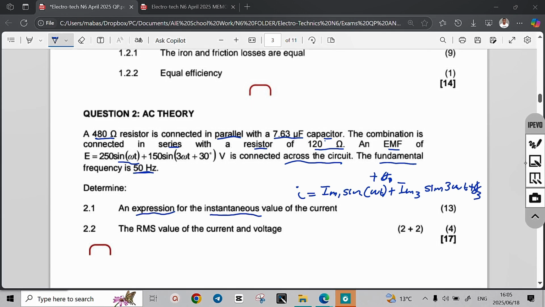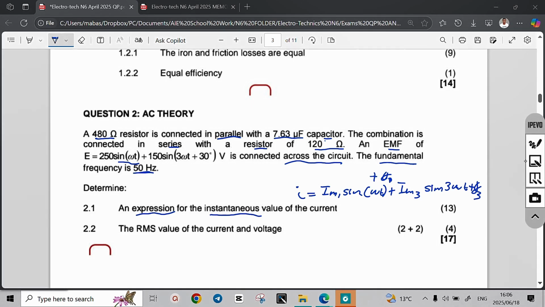So always when you are dealing with this question, the first thing is to sketch what you are given. So they are saying a 480 ohms resistor is connected in parallel with the capacitor. Here's my resistor connected in parallel. So now let's go in here.